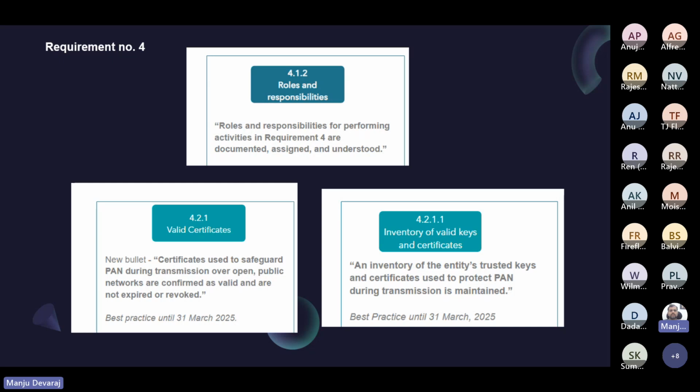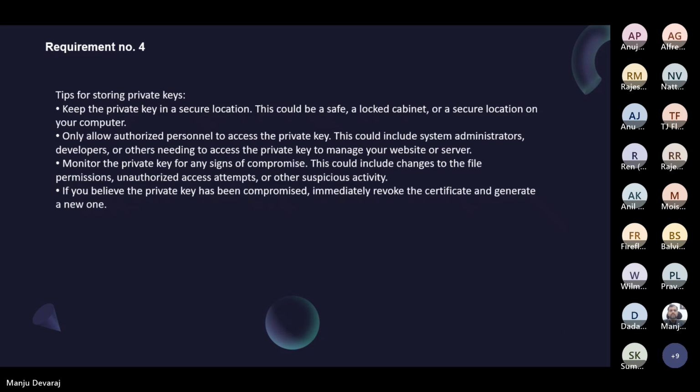So that's what it's talking about. It says open and public. The reason there is no private is because private is still private. Internal network is still okay, but open and public networks are high risk. Inventory of all valid keys is required.